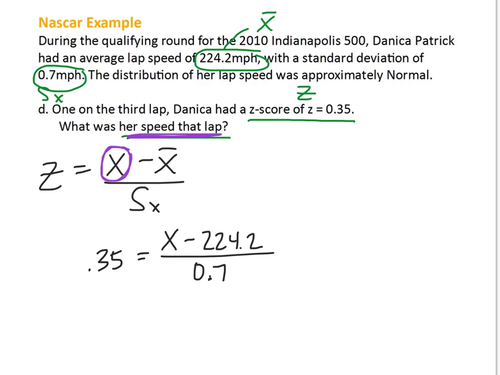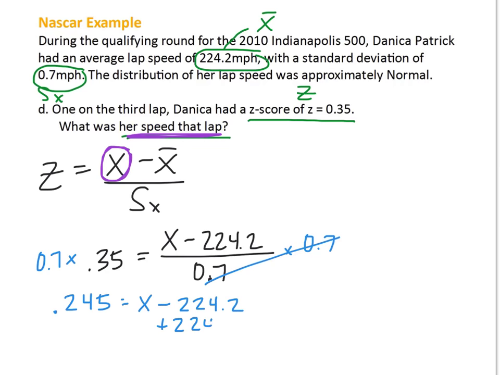Well, the first thing I do is get rid of my fraction, so I multiply both sides by the number for my denominator. And when I do that, I get 0.245 equals x minus the mean of 224.2. Last step, add 224.2 to both sides.